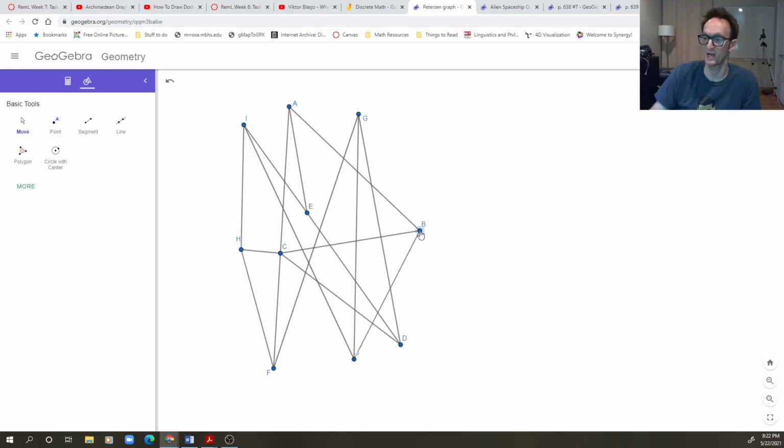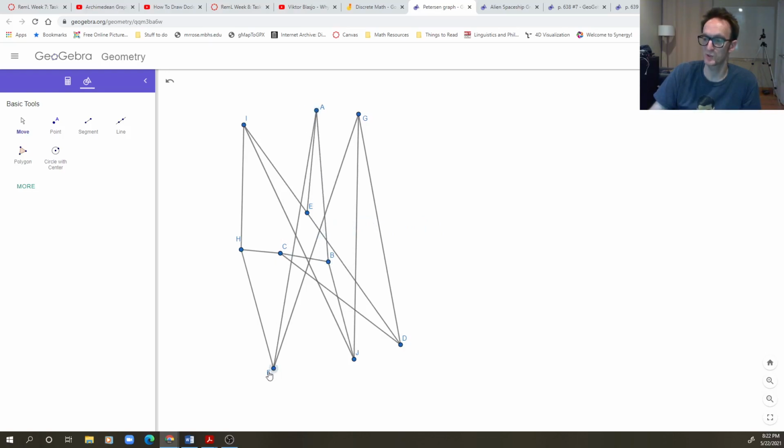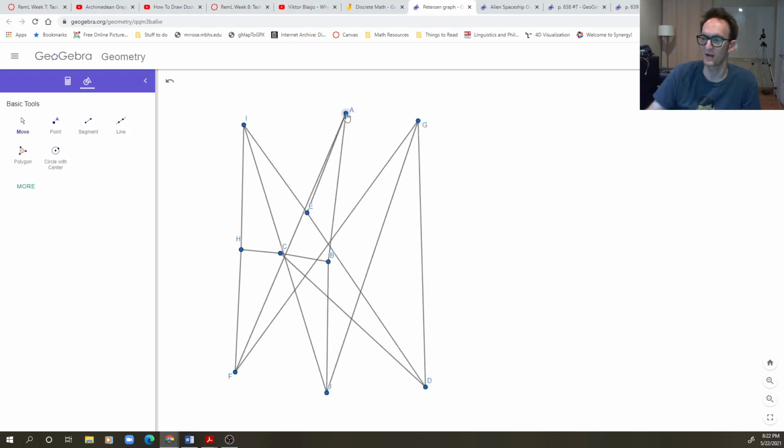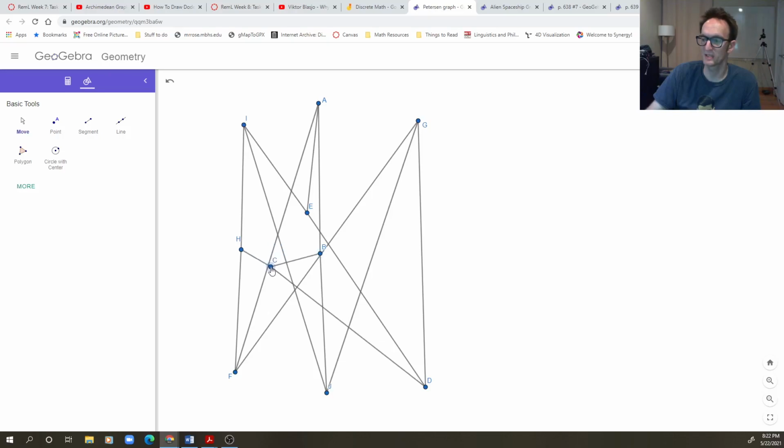So what I believe is, do I really believe this? Are you squinting and are you seeing K33 happening before your very eyes? I do. But here's what I believe needs to happen.